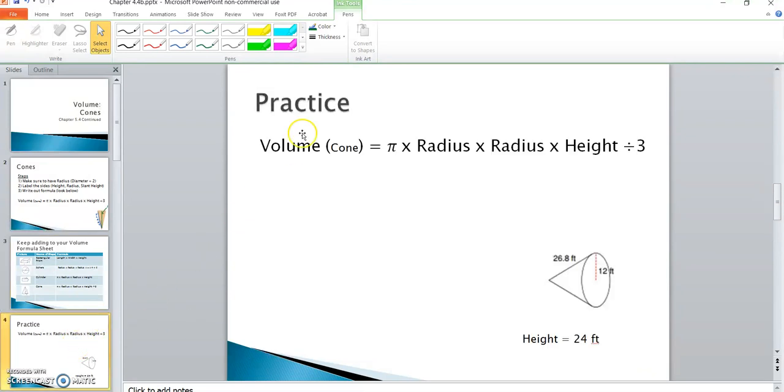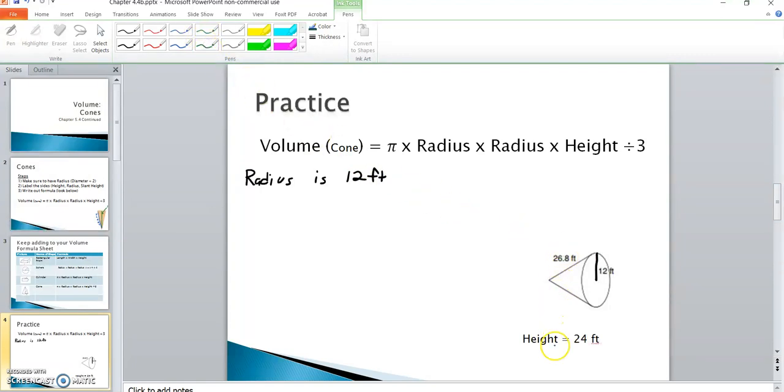Alright, so let's just try a practice question. So of course the very first thing we're going to do is we're going to figure out if we have the radius or the diameter. Now our line goes to the middle of the circle, so that means we have our radius, which is 12 feet.